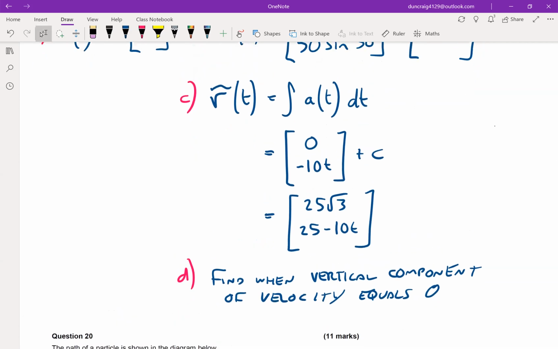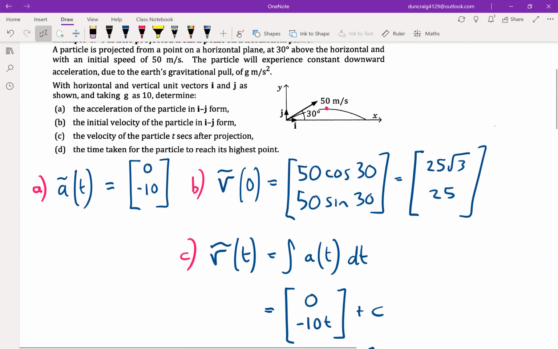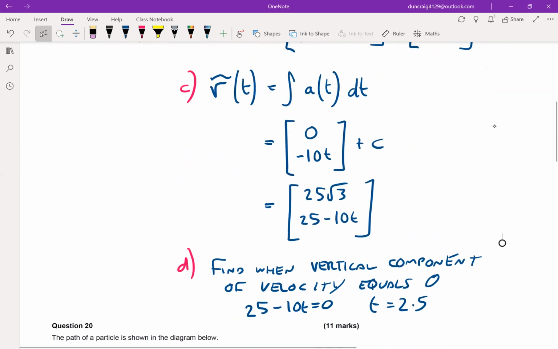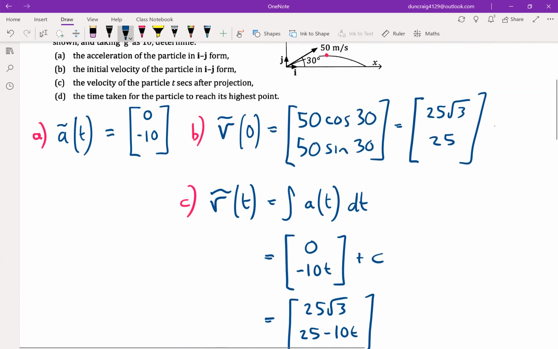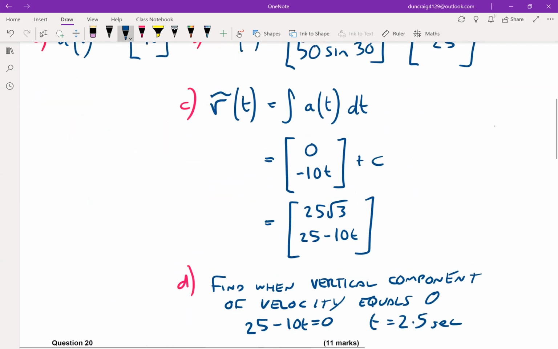So that's when 25 take 10t is equal to 0. That means 25 on 10 is 2.5. So when t is equal to 2.5 seconds, meters a second, so that is seconds there. The time taken to reach its highest point will just be after 2.5 seconds.